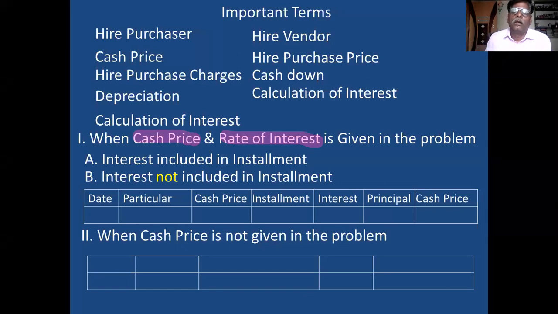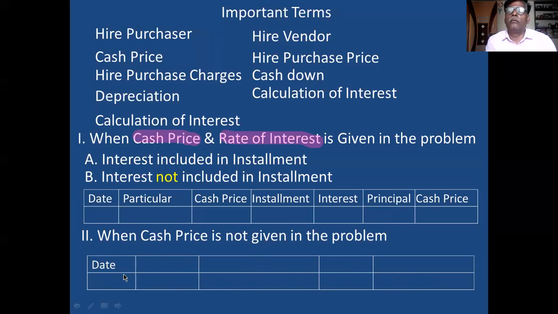interest table. In the interest table, you see the columns. First column is small, second column is small, third column is a broad one, and last column is also broad. In this way, you prepare the table. How many columns are here? 1, 2, 3, 4, 5. You prepare 5 columns and fill the information.